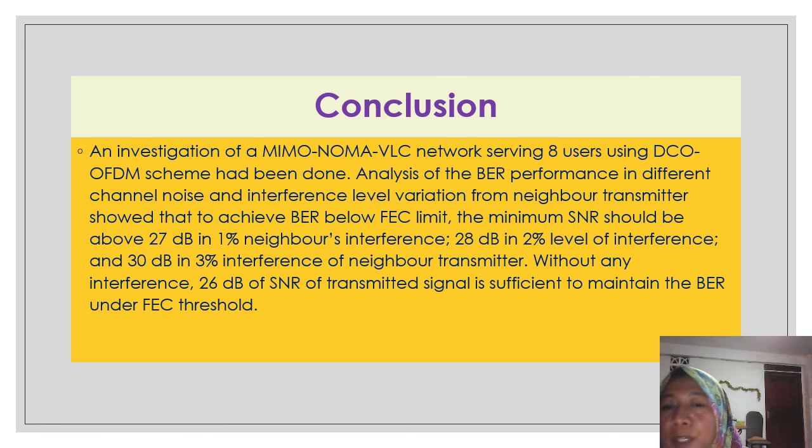Analysis of the bit error ratio performance under different channel noise and interference level variation from the neighbor transmitter shows that to achieve a bit error ratio below the FEC limit, the minimum SNR should be above 27 dB at 1% LOI, 28 dB at 2% LOI, and 30 dB at 3% LOI. Without any interference, 26 dB of SNR of the transmitted signal is sufficient to maintain the BER under the FEC threshold.